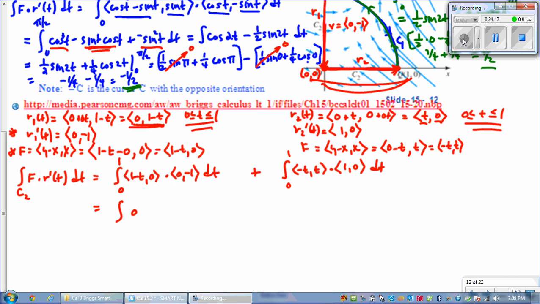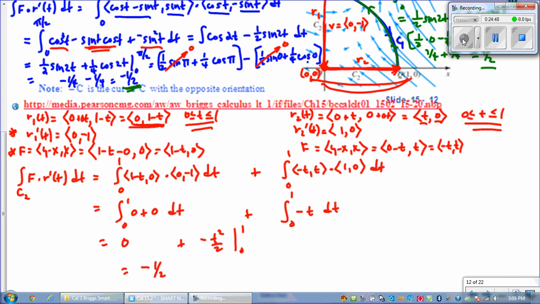This will be 0 plus 0. Well, that one's not going to have much of a value. And we come up with a negative 1/2.